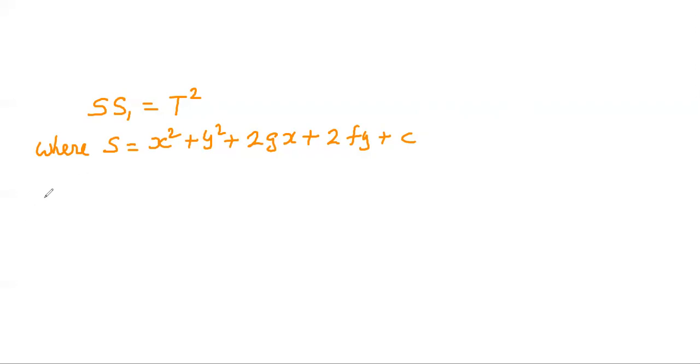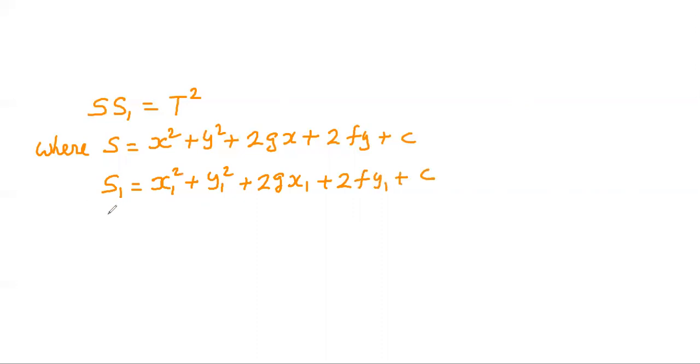And here, what is the value of S1? Put x equal to x1 and y equal to y1, meaning the equation of the circle at the point (x1, y1). So it will come out x1 squared plus y1 squared plus 2g x1 plus 2f y1 plus c.